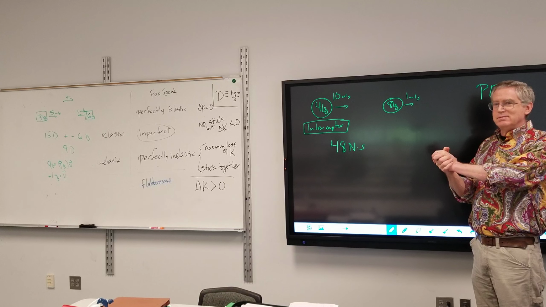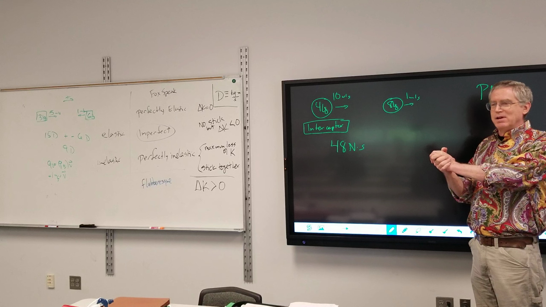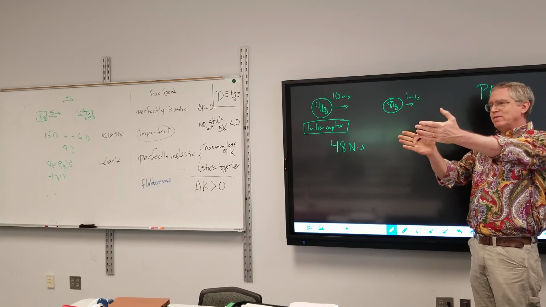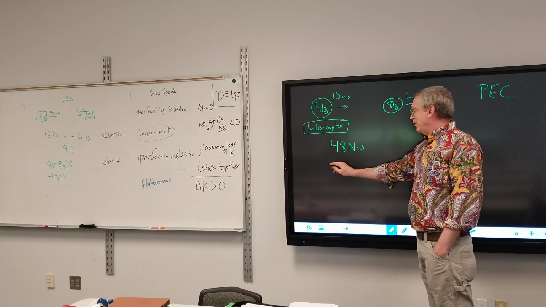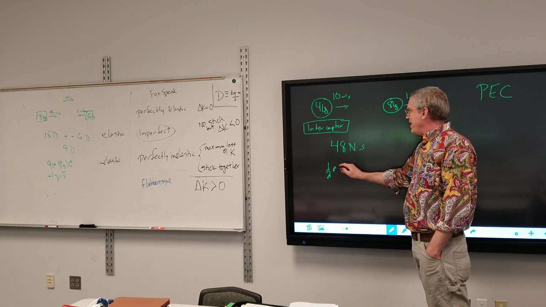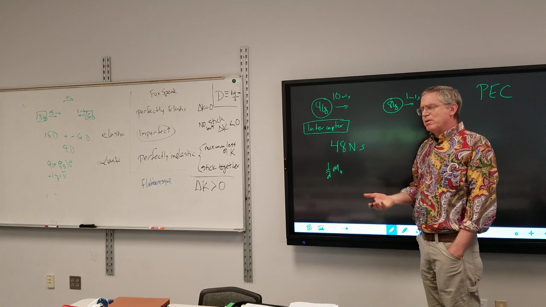What's the formula for kinetic energy? One-half mv squared. That was very nice, although it seemed very silent over here. All right, so I have one-half mass of, now the subscript.